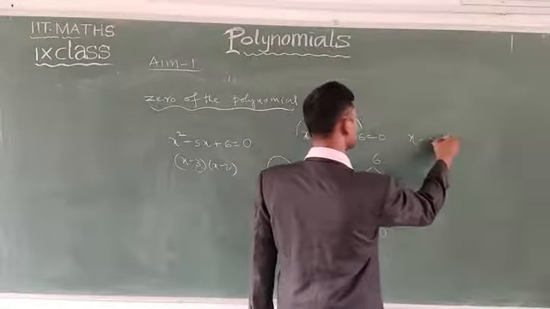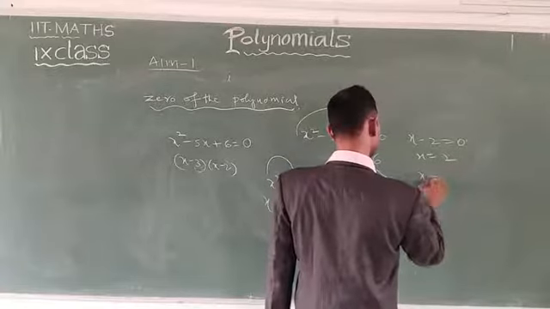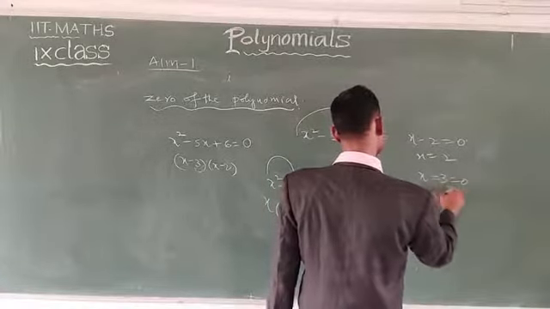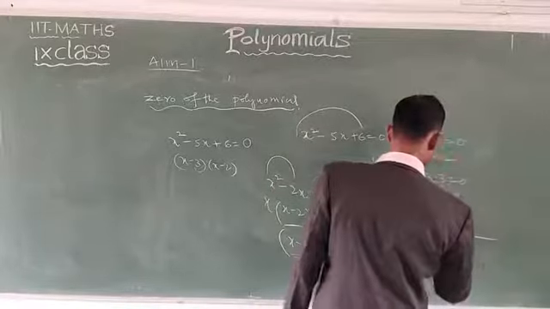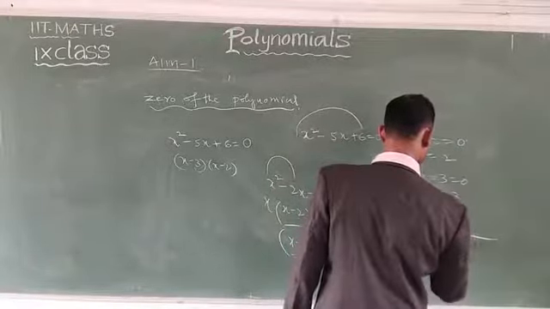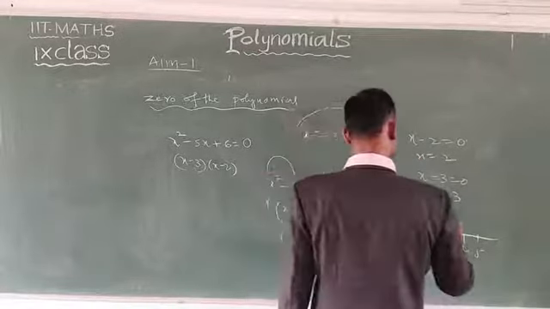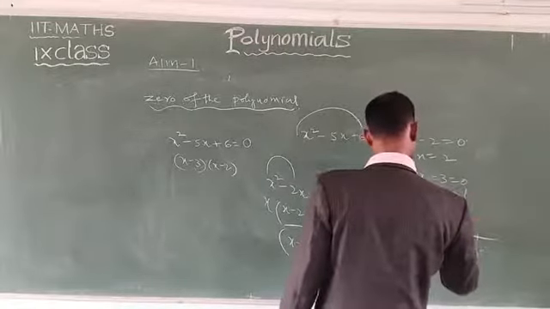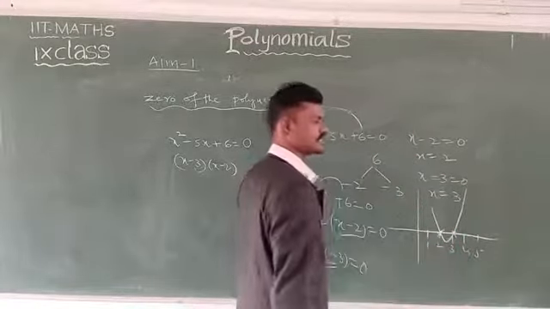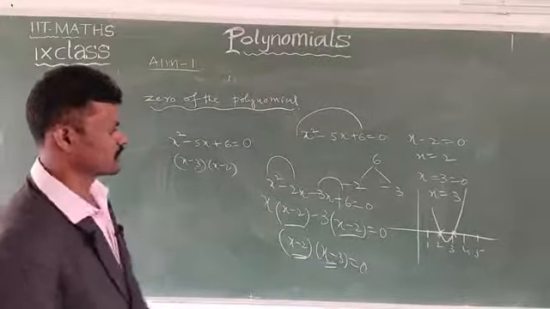Then x minus 2 is equal to 0, then x is equal to 2, and x minus 3 is equal to 0, then x is equal to 3. Here 2 and 3 means it intersects the x-axis at how many points, that is called the solution of this polynomial.